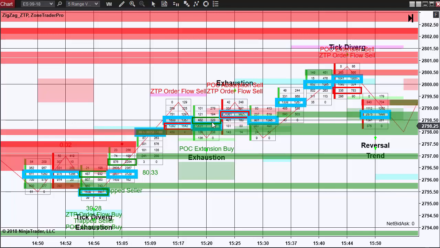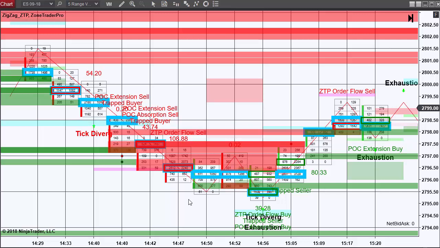Then what is interesting to note is that extension zones were forming to the upside, and as the market came down to test 27.98, that is when the market bounced, took it again to a strong ZoneTraderPro resistance zone.